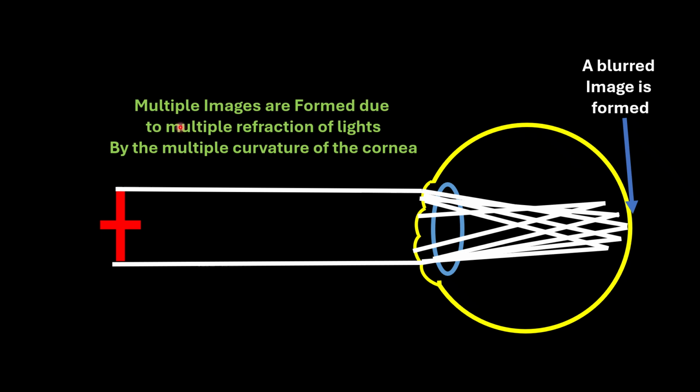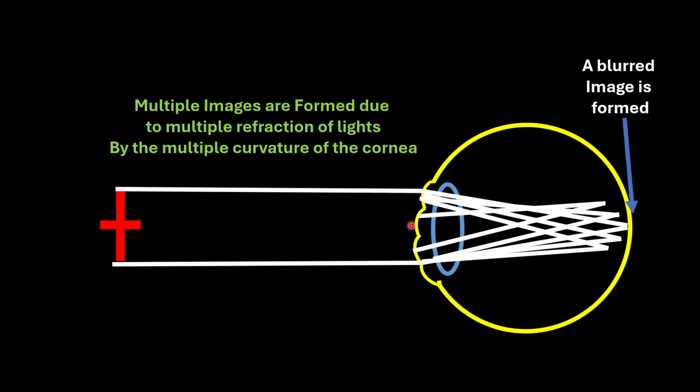The person is seeing a blurred image simply because multiple images are formed in front of the retina, not perfectly, and it is due to multiple refraction of light, and it is as a result of multiple curvatures. The word multiple means many.